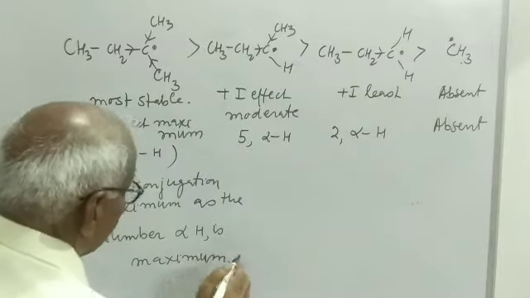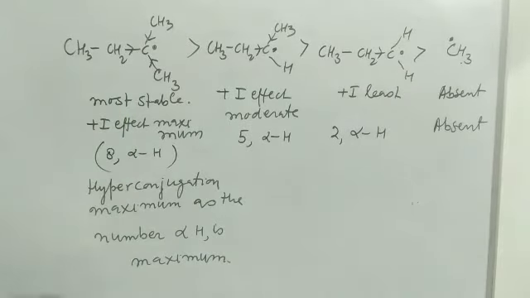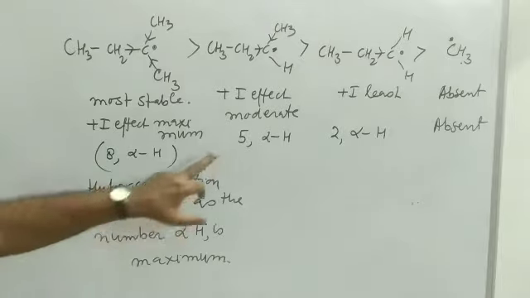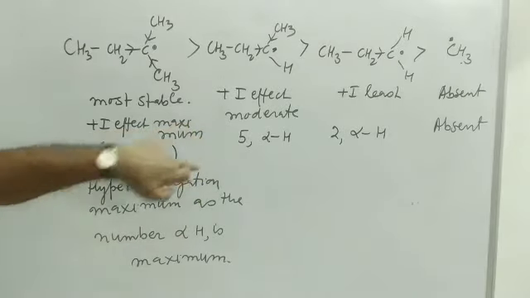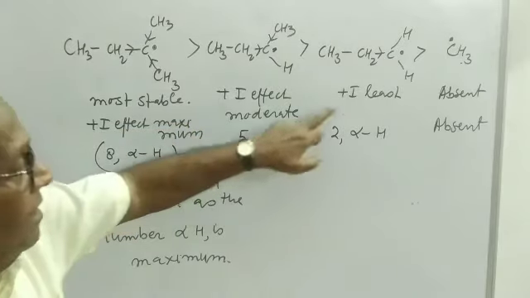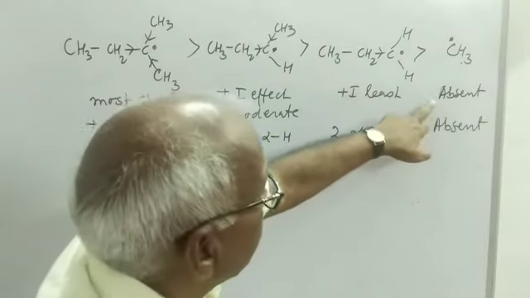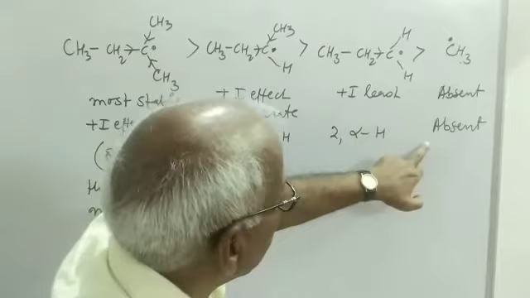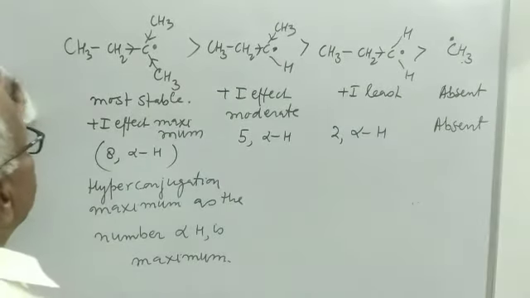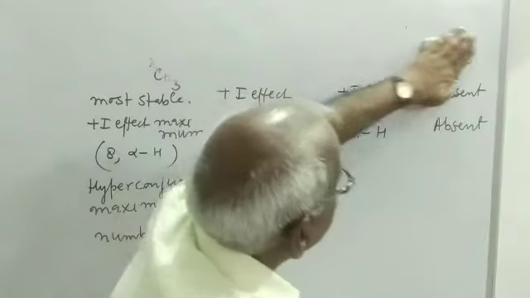More is the number of alpha hydrogen, more is the extent of hyperconjugation. In this case, hyperconjugation is lesser than this. In this case, again lesser, and here it is absent. Plus I effect absent, hyperconjugation effect is absent.